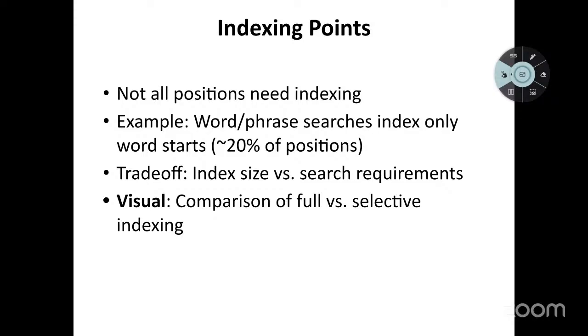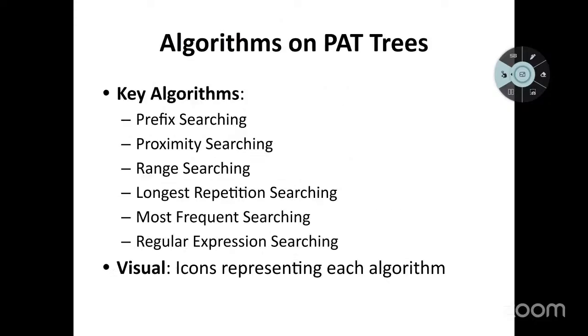So coming to the indexing points, you can go for indexing from there, right? So we are going to check the indexing requirements, that is how many words are there and all the things we will be searching, right?